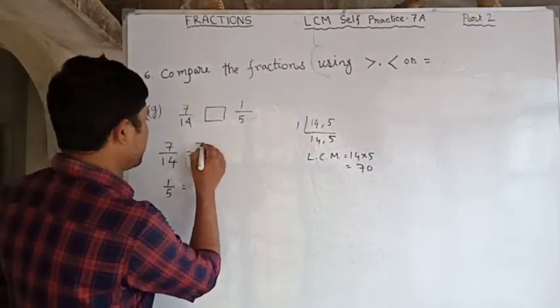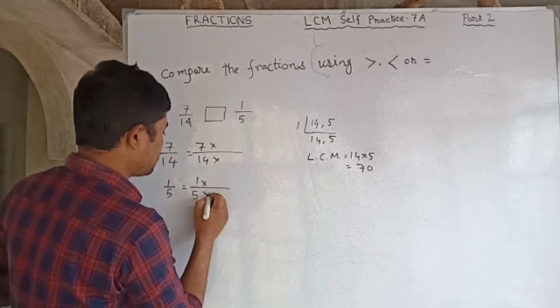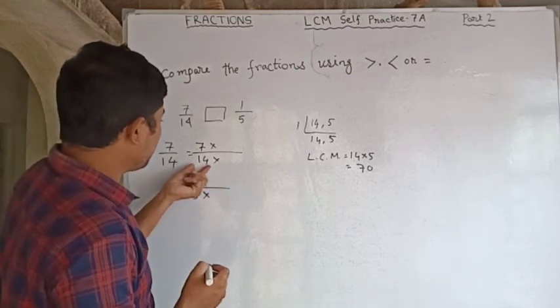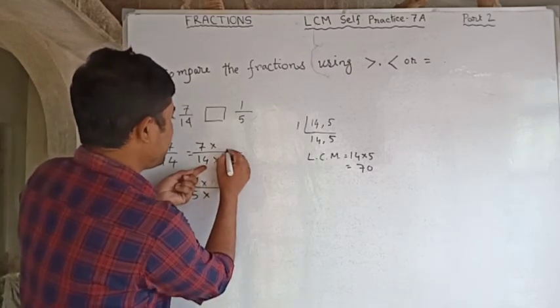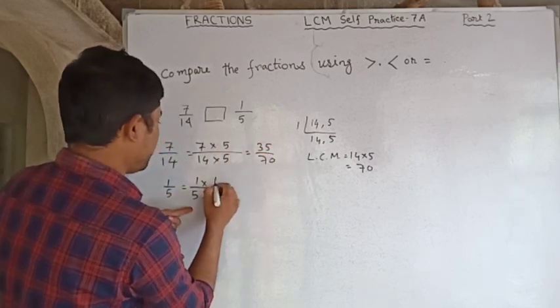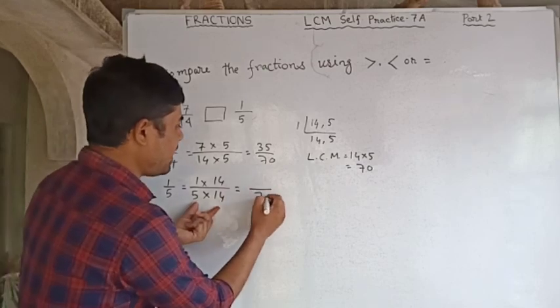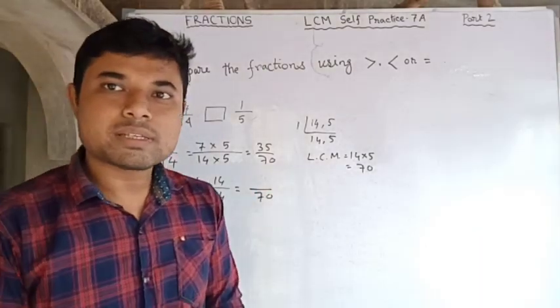My dear students, first write the fraction. By which number do you multiply 14 to get 70? 5. So it will be 35 by 70, and the other will be 14 by 70, because you have to make the denominator 70.